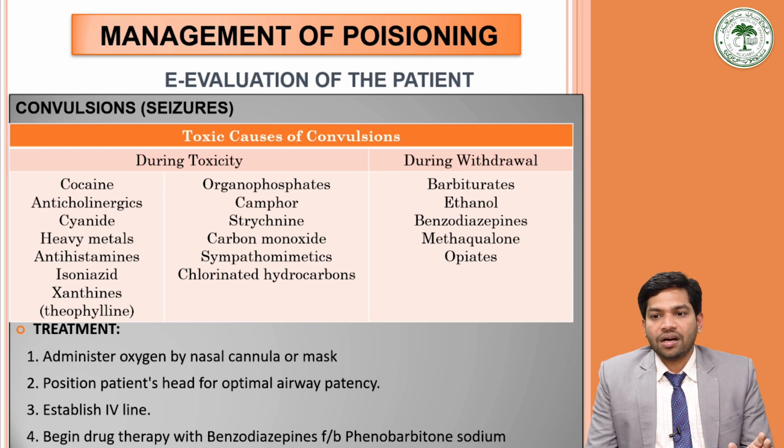If convulsions are unresponsive to the benzodiazepine, then the second line of therapy is phenobarbital sodium, given at a dose of 10 mg per kg at a maximum rate of 100 mg per minute. If convulsion still persists, consider the need for referral to the ICU, general anesthesia, intubation and ventilation.